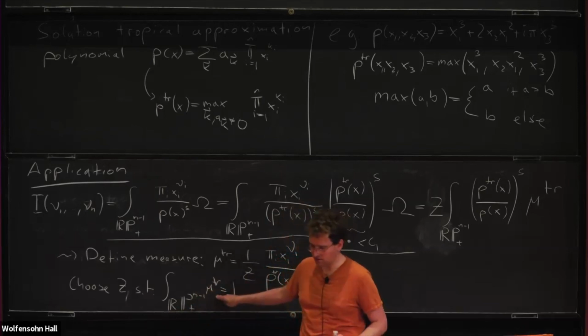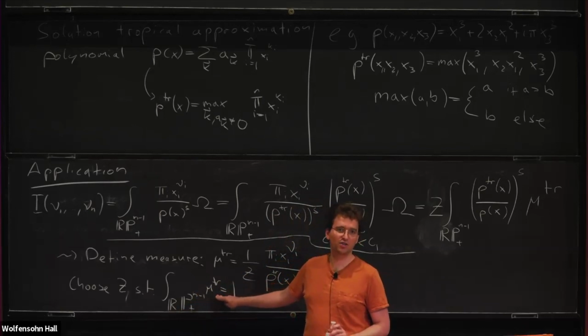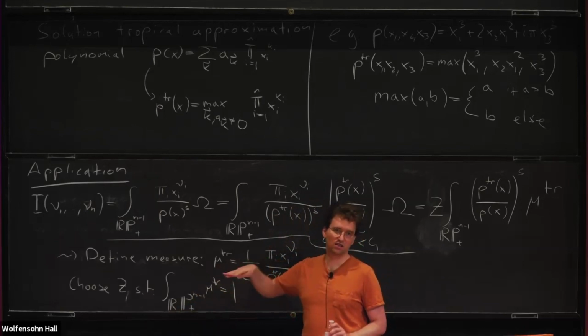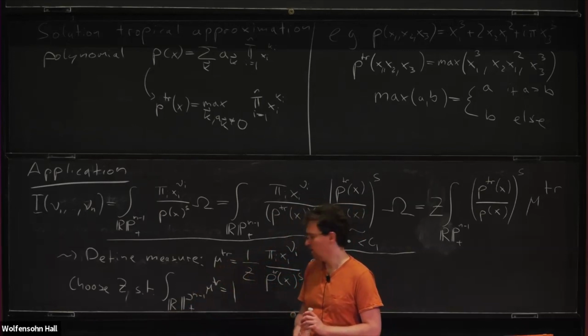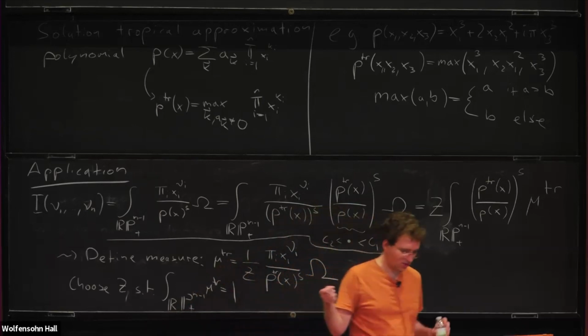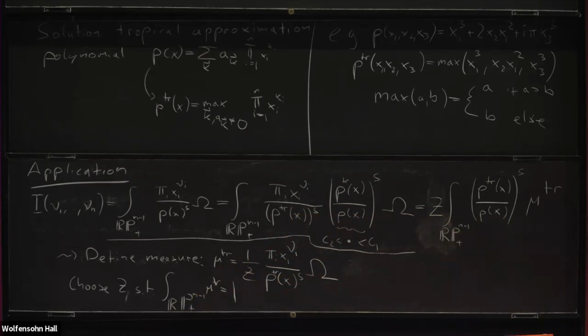Because it integrates to 1, you can interpret this weight, this density, as a probability density of each point. And sampling means that you want to design an algorithm that gives you a point in this original space with probability proportional to the density. Okay, thank you.